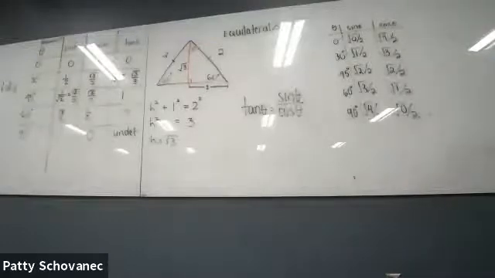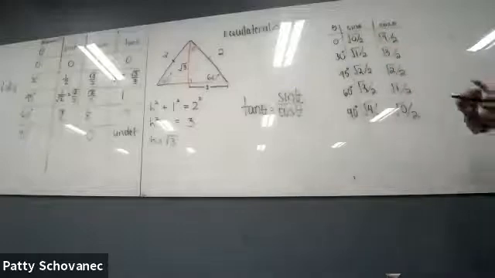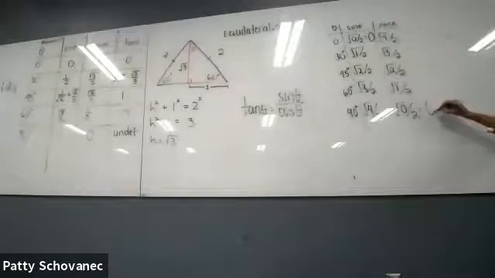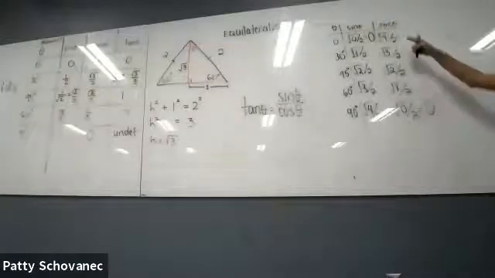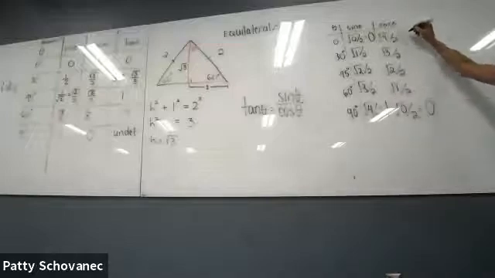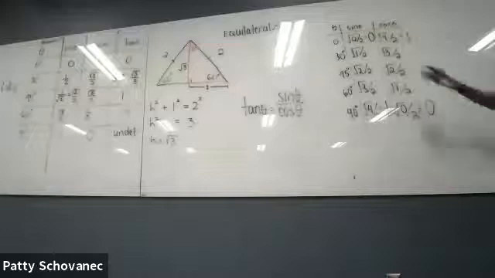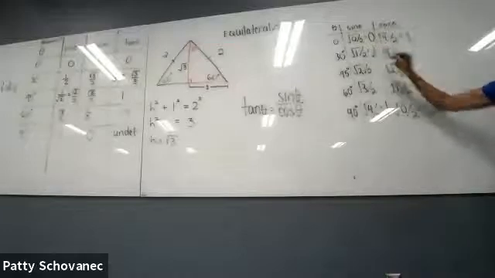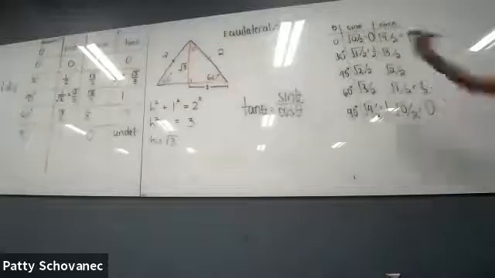The square root of 0 is 0. 0 divided by 2 is 0. So that one and that one simplify to 0. Square root of 4 is 2. 2 divided by 2 gives me 1. So that one and that one give me 1. Square root of 1 is just 1. So each of these is a half. And now I have that table.